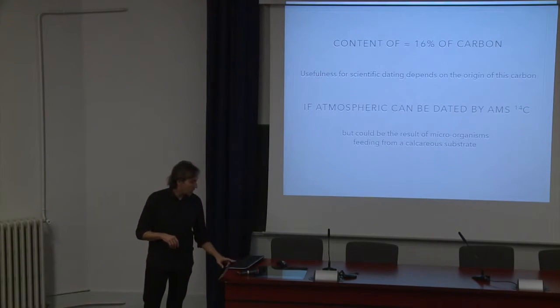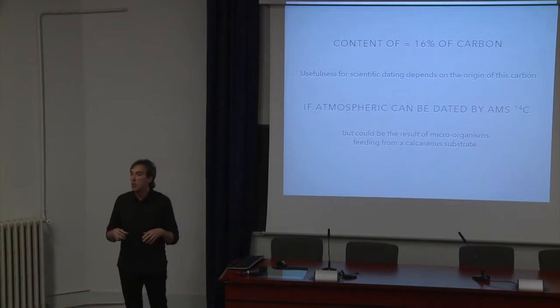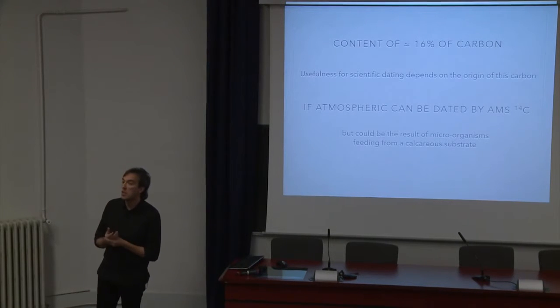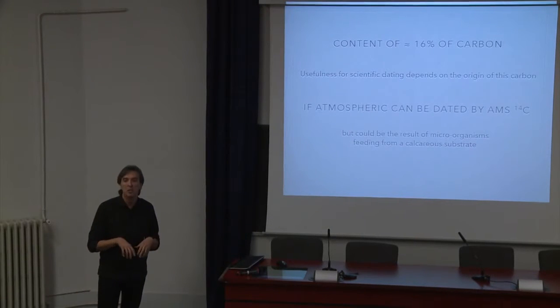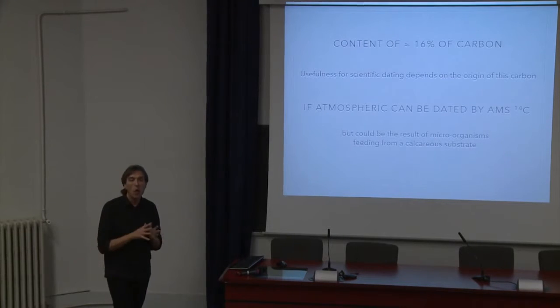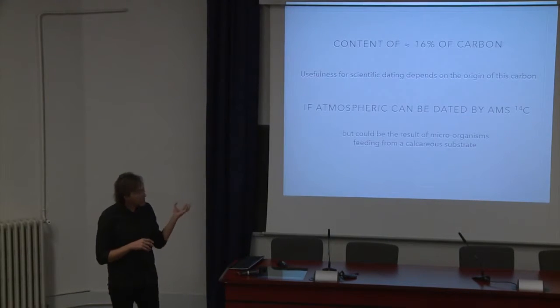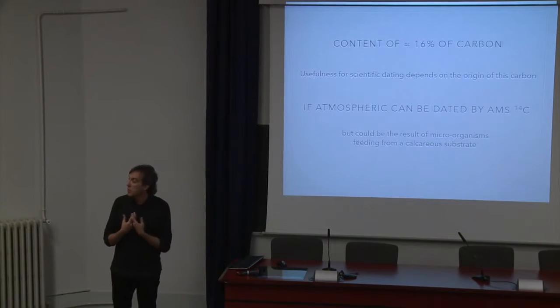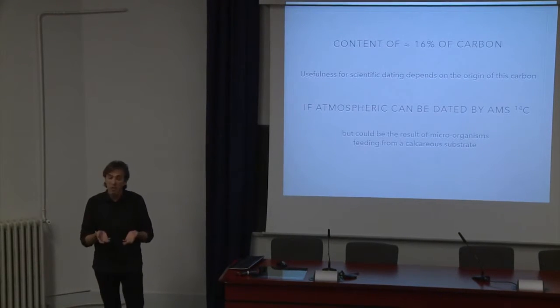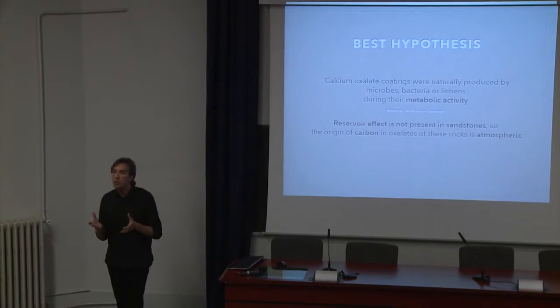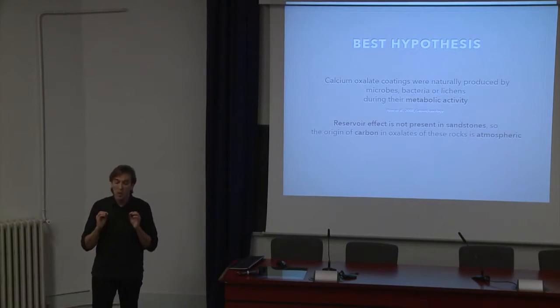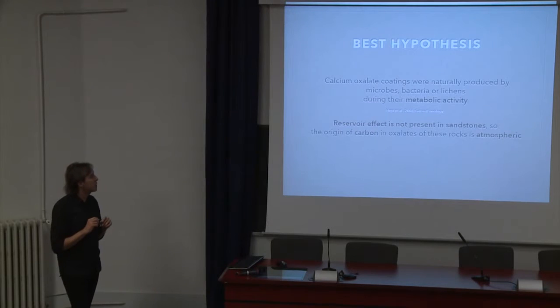That's a problem that we have to face because sometimes when we try to date some of these oxalate crusts, the organisms that are excreting them could be feeding from the calcareous substrate where the rock art was made. And in consequence, this is not a good option to get some datings.